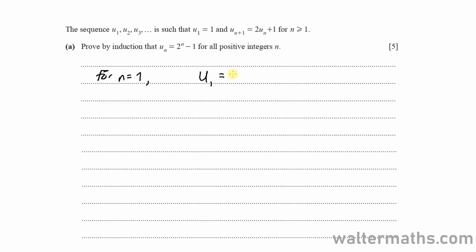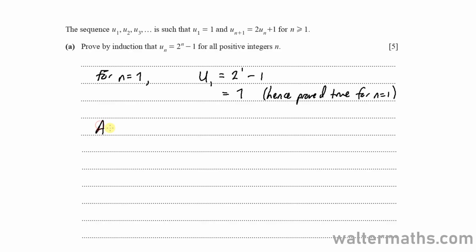And u sub 1 here is 2 to the power of 1 minus 1, which is equal to 1. Now u sub 1 is equal to 1, and that is what's been given originally in the information above. So this should be true. So I can say, hence, proved true for n is equal to 1.